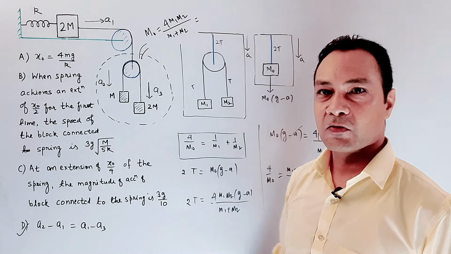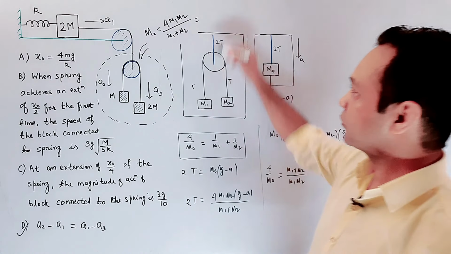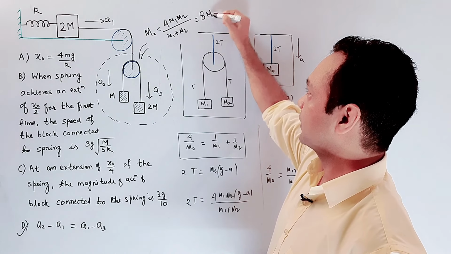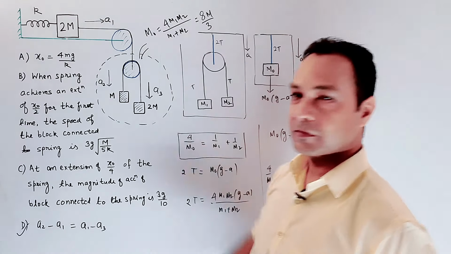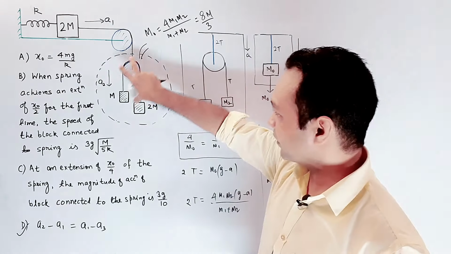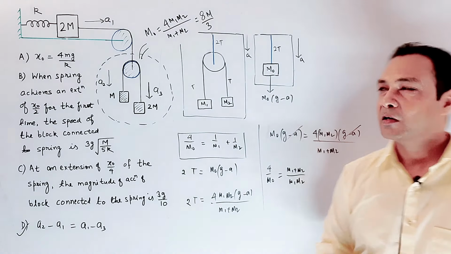And if we put these values, m1 is m, m2 is 2m, so we will get 8m by 3, right?